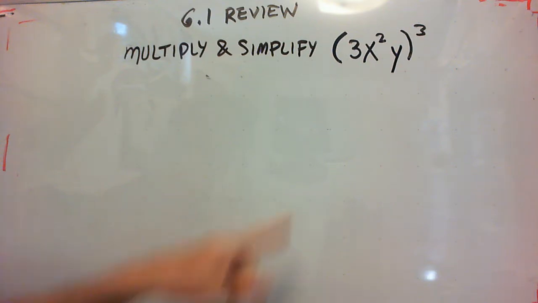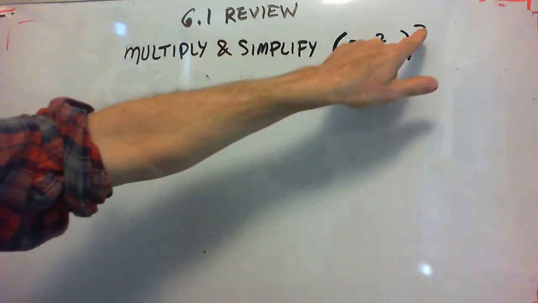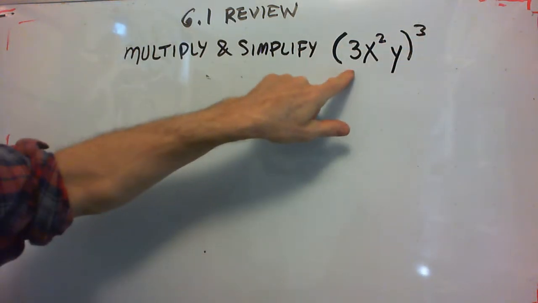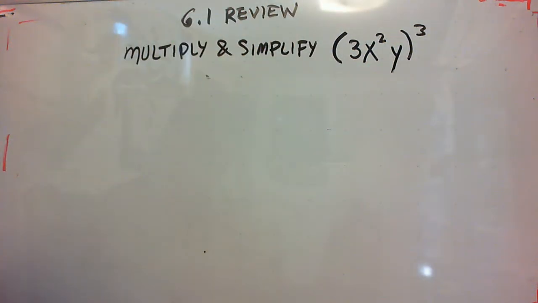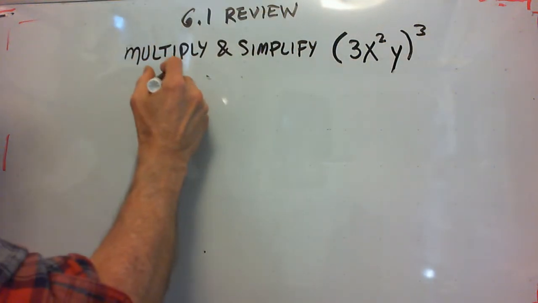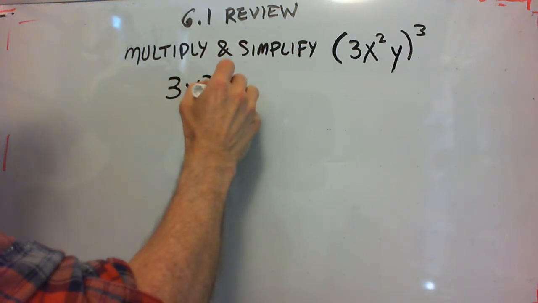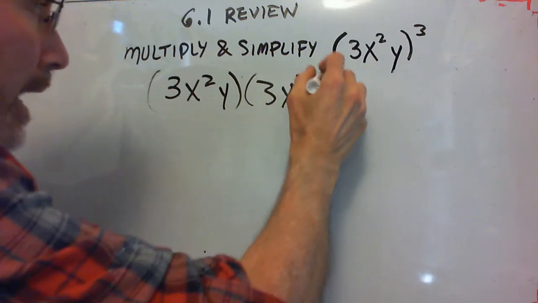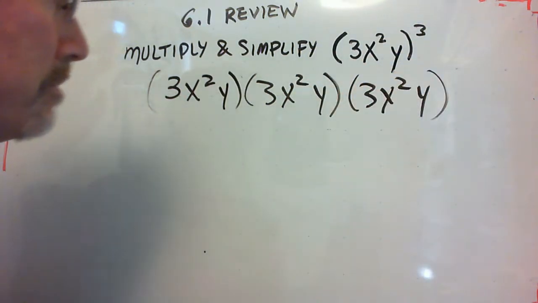Okay, for our next problem, we're going to multiply and simplify 3x squared y quantity cubed. Now, a mistake people will sometimes make is to not cube the 3, but what we have here really is 3x squared y times 3x squared y times 3x squared y.